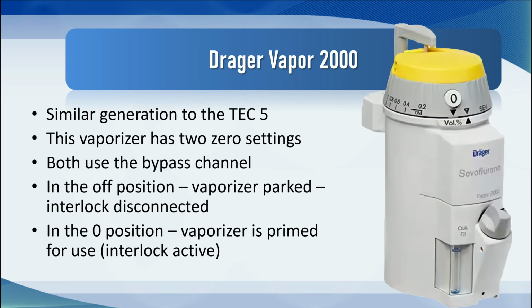So if you have a bank of different vaporizers on the manifold, and for example, you want to use isoflurane rather than sevoflurane, if the sevoflurane is turned to zero, you cannot operate the isoflurane vaporizer. You have to turn the sevoflurane vaporizer off.